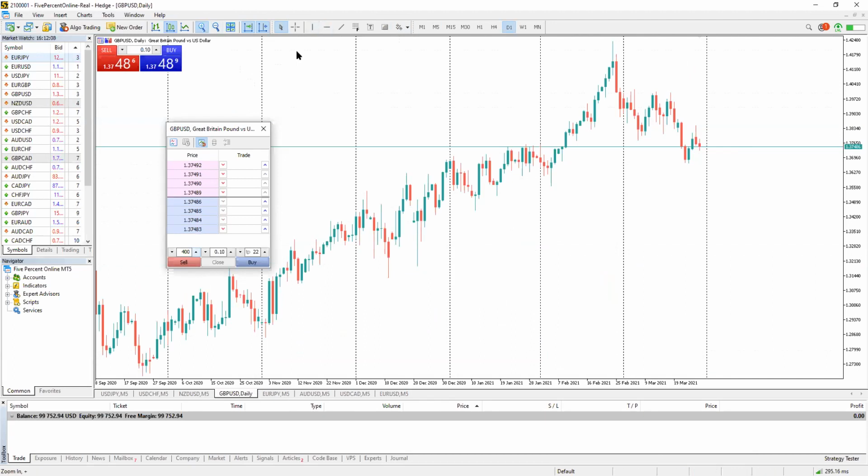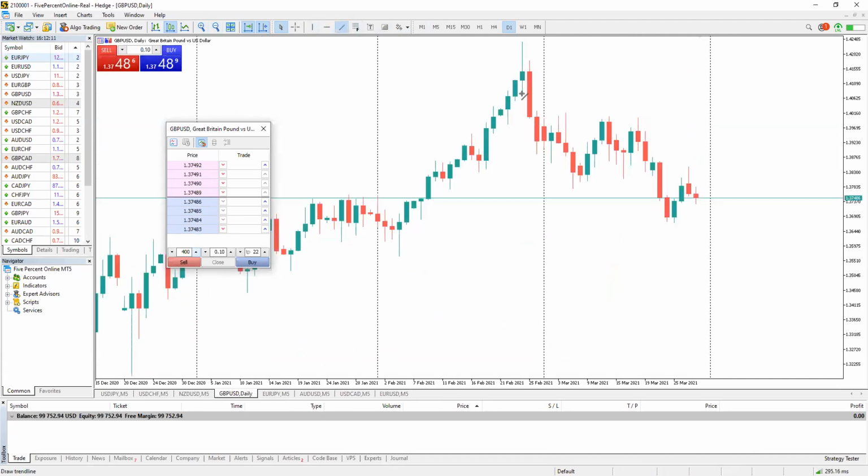We had this break, and maybe there's some supply there. And we've tested that already, and then we're moving lower. So I guess a test of these lows is very possible.